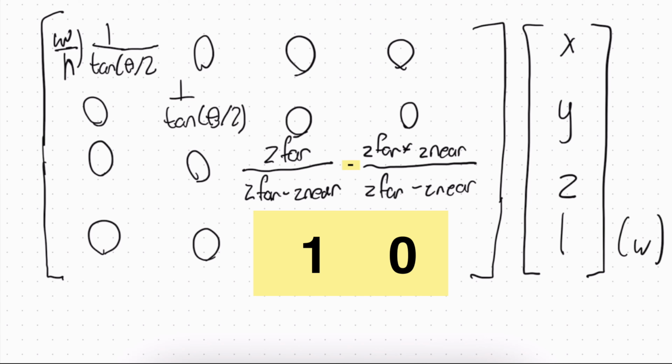So when we multiply this through, we're going to be able to divide x by w and y by w in order to get a value that we can map back to a 2D space. Okay, so the last step, once you've multiplied your point by the projection matrix, is to do some final operations using w in order to take the x, y, and z and push those back into x, y coordinates that you can actually use on the 2D plane.